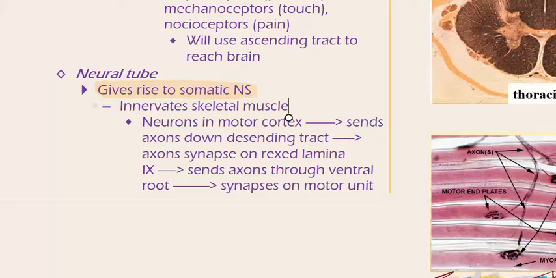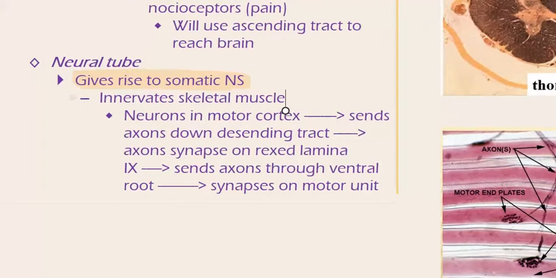So when you're looking at motor information, that motor information is going to originate from the neurons of your motor cortex in your brain. The neurons of the motor cortex are then going to send their axons down through the descending tract, which is part of the white matter of the spinal cord.